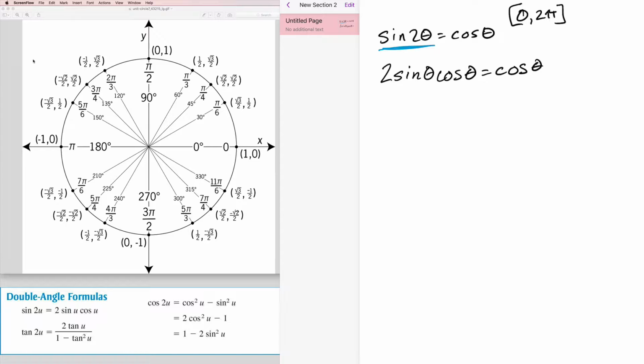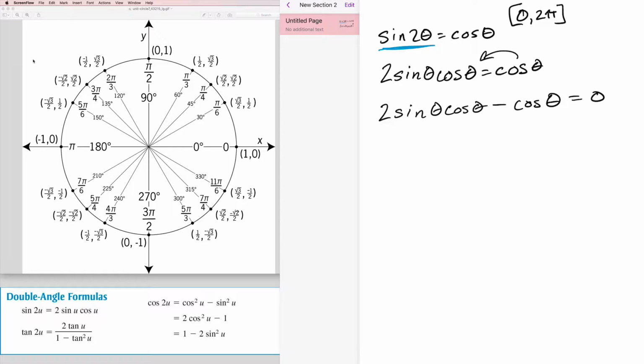If you remember a few chapters ago or last year, when we were solving for polynomials, we wanted everything on one side of the equation because we wanted to find the zeros of the equation. So likewise with this, we're going to move cosine over to this side. So we'll have 2 sine theta times cosine theta minus cosine theta equals 0.